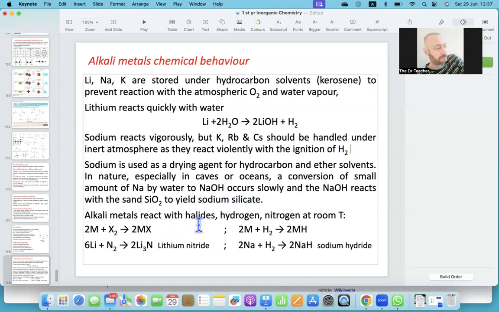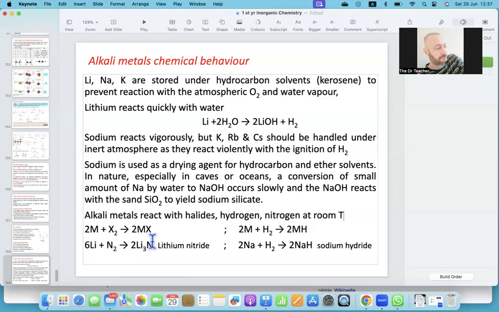Alkali metals react with halogens, hydrogen, nitrogen at room temperature. So alkali metals with halogen form the metal halides. 6 lithium with nitrogen can produce lithium nitride, Li3N.